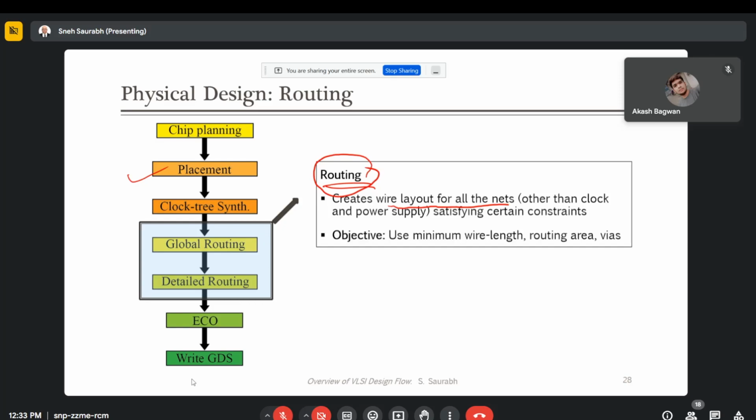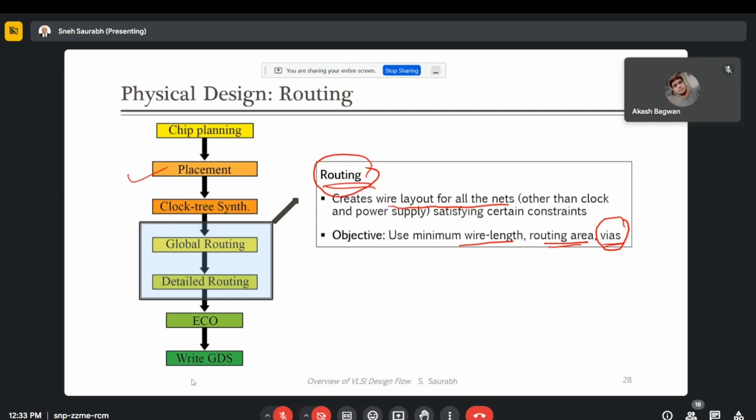What is the objective of routing? The objective of routing is to minimize the wire length and the routing area and minimize the number of vias. We discussed that vias are the elements which connect wires of two different layers. But these vias can have problems of reliability.